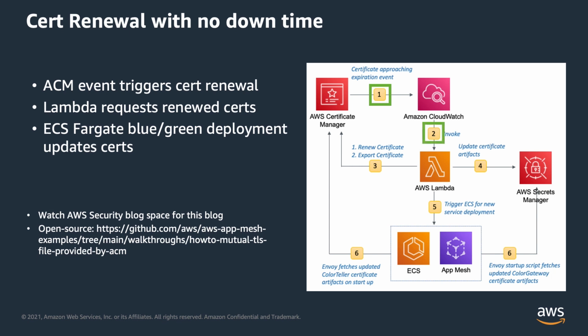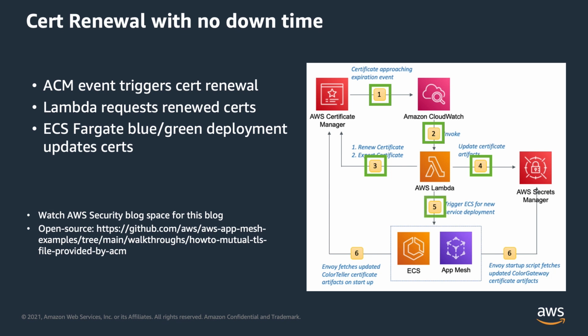Now in CloudWatch, we define a custom trigger, which is basically a Lambda function, also part of the GitHub AWS open source project. The link is shown here on the left. This Lambda function will renew the certificate with the ACM, export that renewed certificate, bring it over and store it in AWS Secrets Manager.